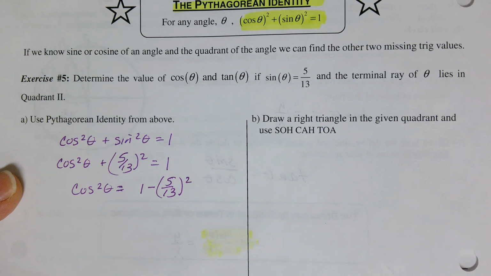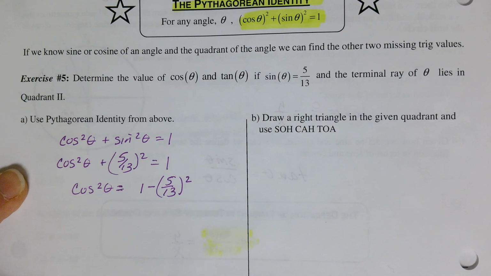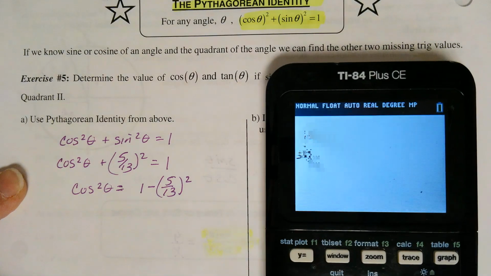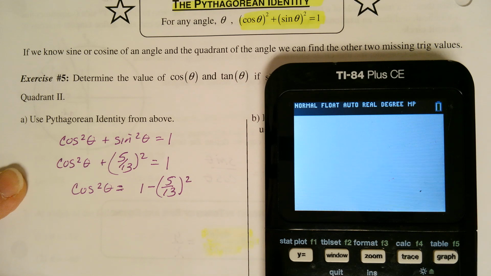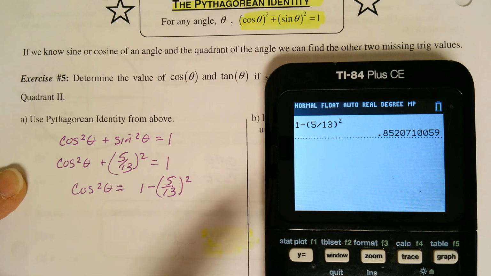Grab the calculator. One minus 5 divided by 13 squared. Math fract that. Oh, actually no, we want to take the square root next. Let's see what happens.